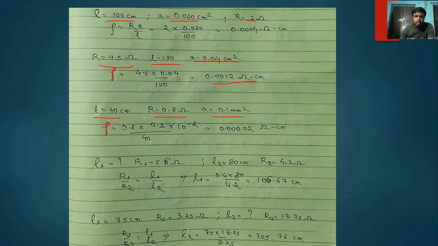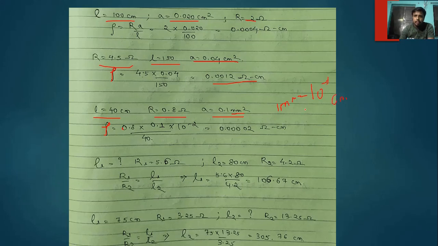Rho is equal to 0.8 into 0.1 into 10 to the power minus 2, because here one catch is there. That catch is, it is given in millimeter square. So if you put directly 0.1, then we will get our answer wrong. So we have to convert it. We know that 1 millimeter is equal to 10 to the power minus 1 centimeter.